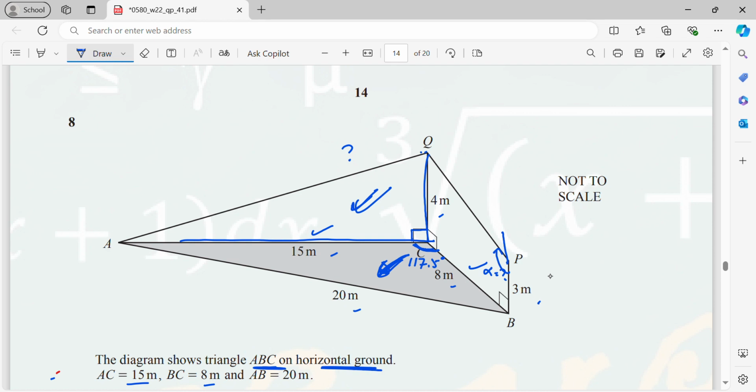That means this is 8, here is also 8. And then this is Q. Because here is 3, my diagram is not very accurate.